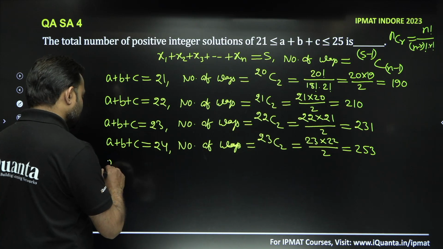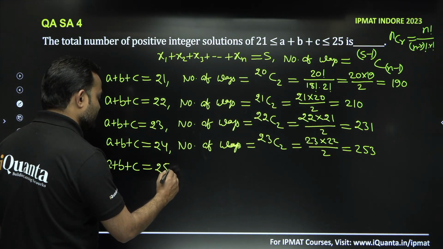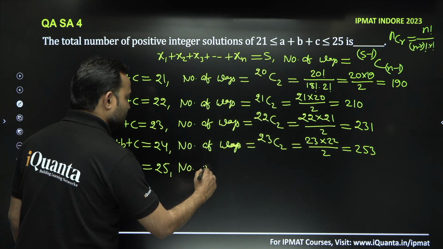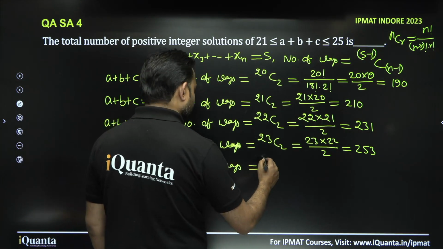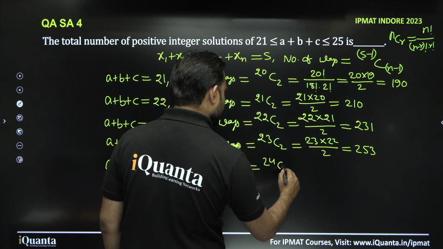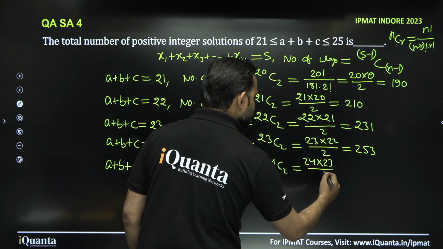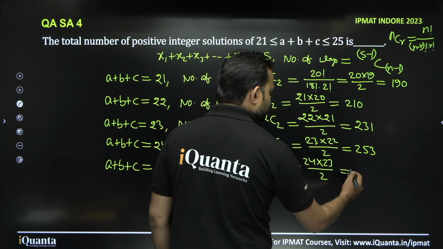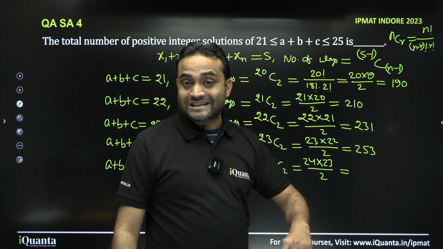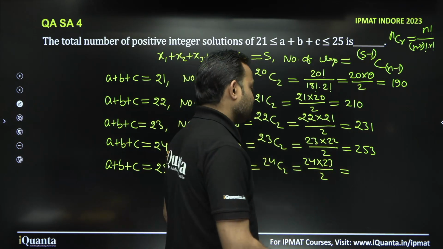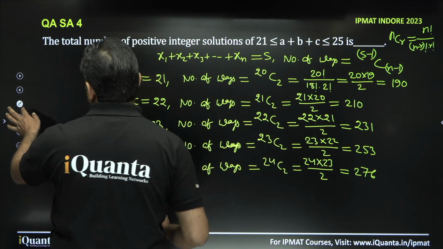And then comes a plus b plus c is equal to 25. Then we can say number of ways will be 24c2, which is equal to 24 into 23 divided by 2. 24 by 2 is 12. 23 into 10 is 230. 23 into 2 is 46. 276. कितना आ गया ये? 276.